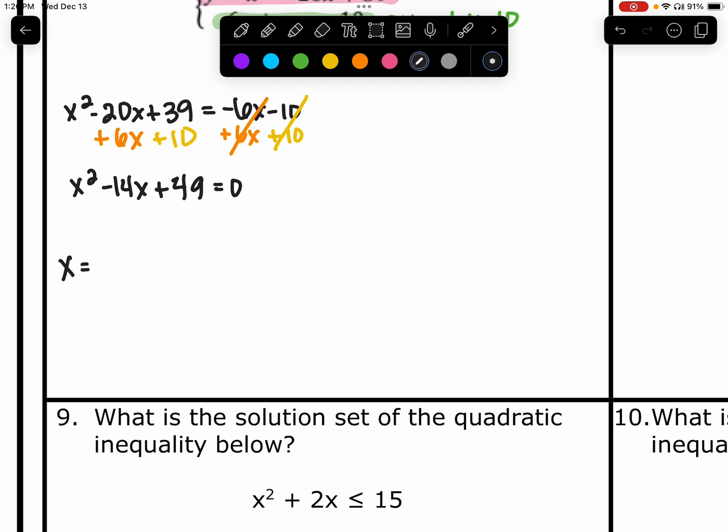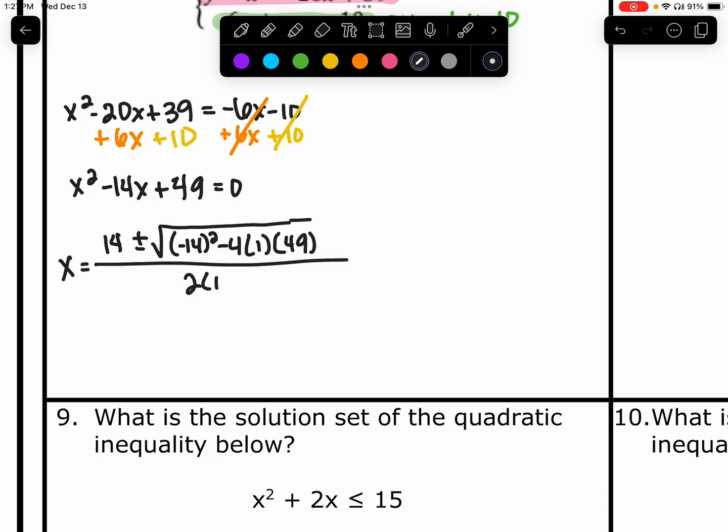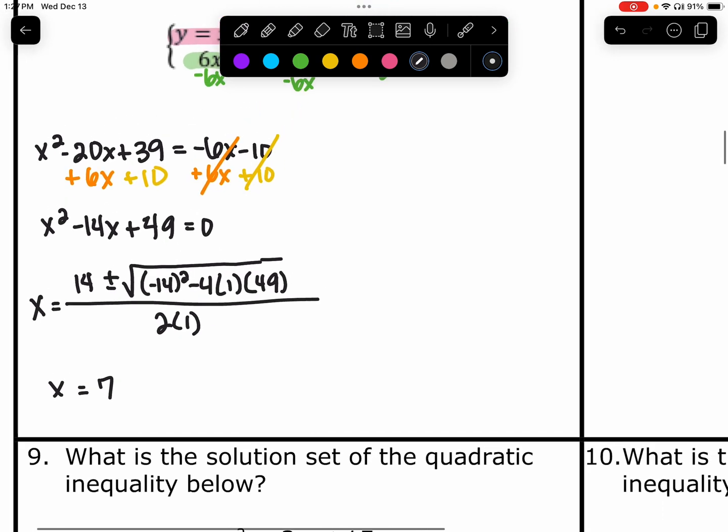Just use the quadratic formula. So that'll be -b plus or minus the square root of b squared minus 4 times a times c over 2 times a. And when you do that, you should get x equals 7. You should only get one solution. Even when you do it for plus and minus, you should still get x equals 7. You'll get it twice, but it's still just x equals 7.